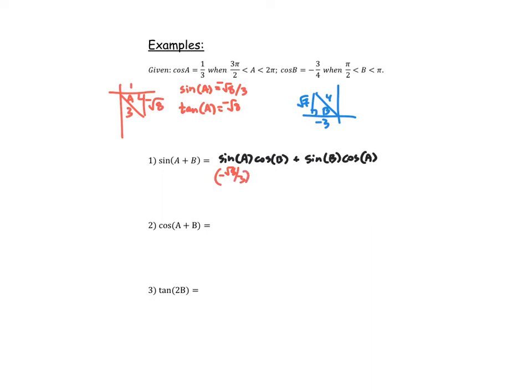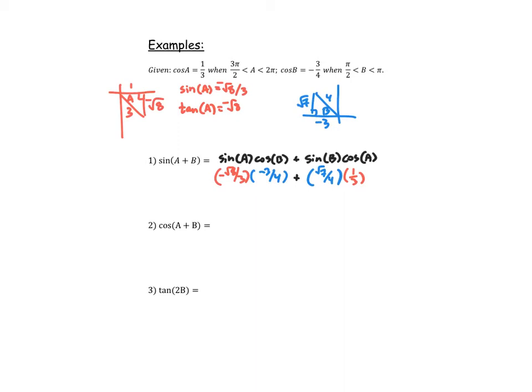The cosine of A was 1/3. And when we're working with fractions, especially with addition and subtraction, we're looking for common denominators. We won't have to worry about common denominators since we're dealing in sine and cosine, so the denominator in both cases will be the same. The cosine of B is -3/4, and the sine of B is √7/4.